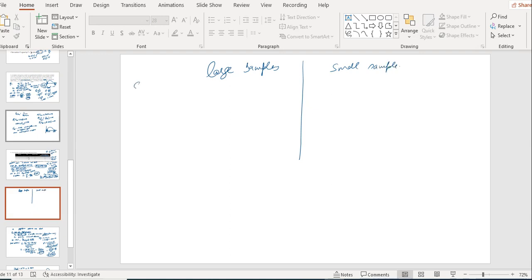So for a single mean, the statistic we are using here is x bar minus mu upon sigma upon square root of n if sigma is known, or x bar minus mu upon s upon square root of n if sigma is unknown.